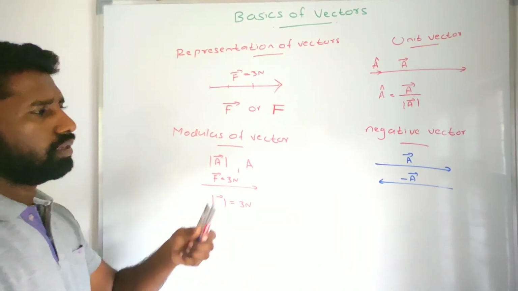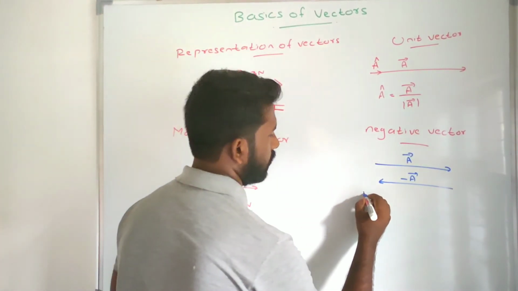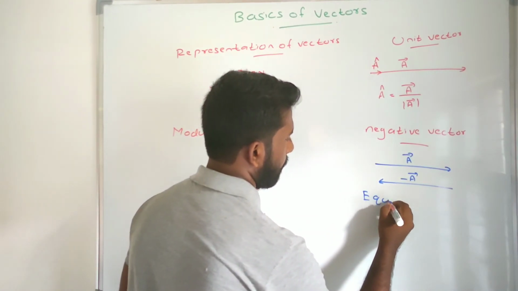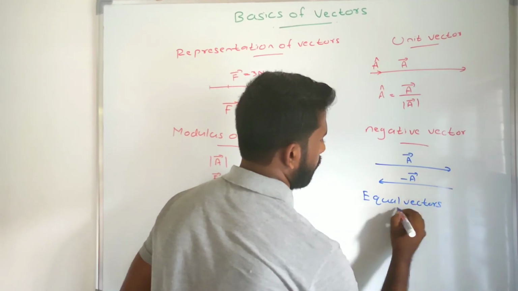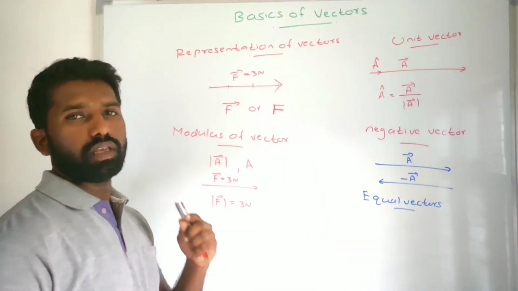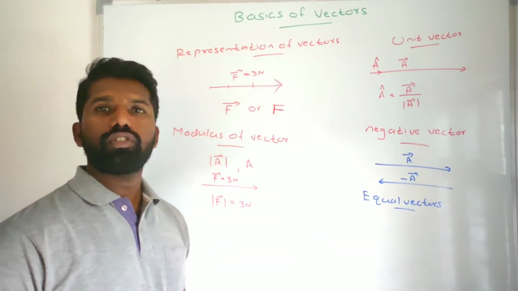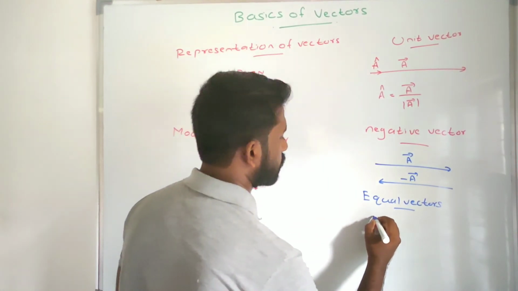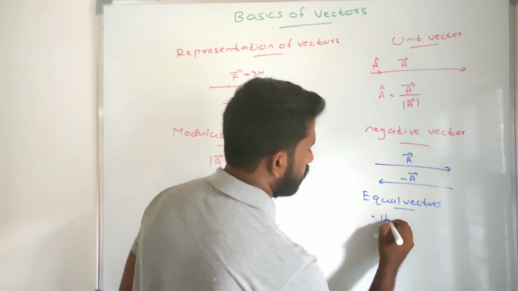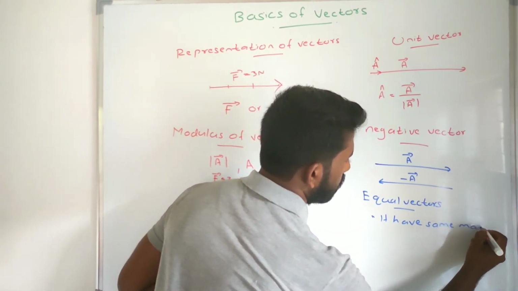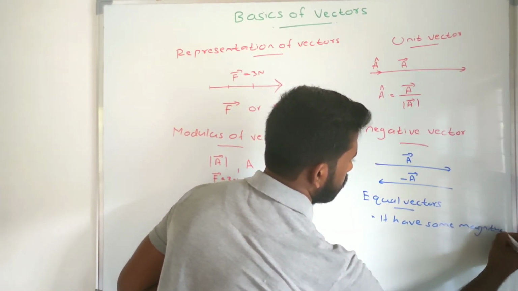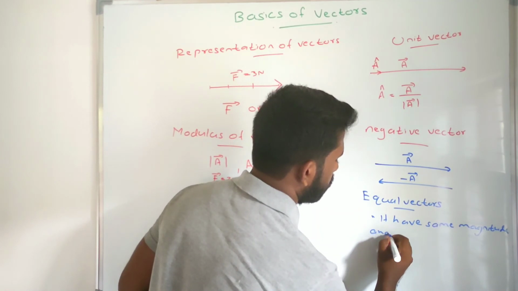Next we will see equal vectors. If two vectors are equal, they have the same magnitude and direction.